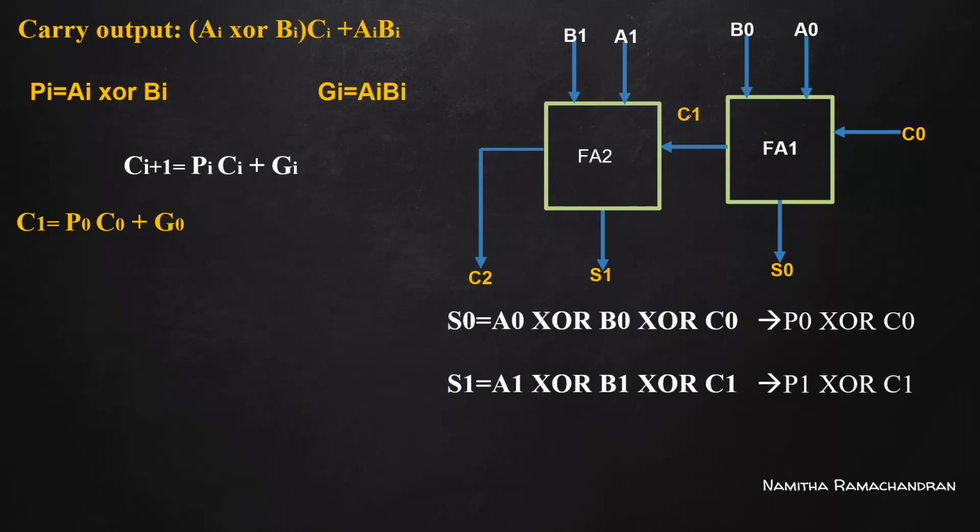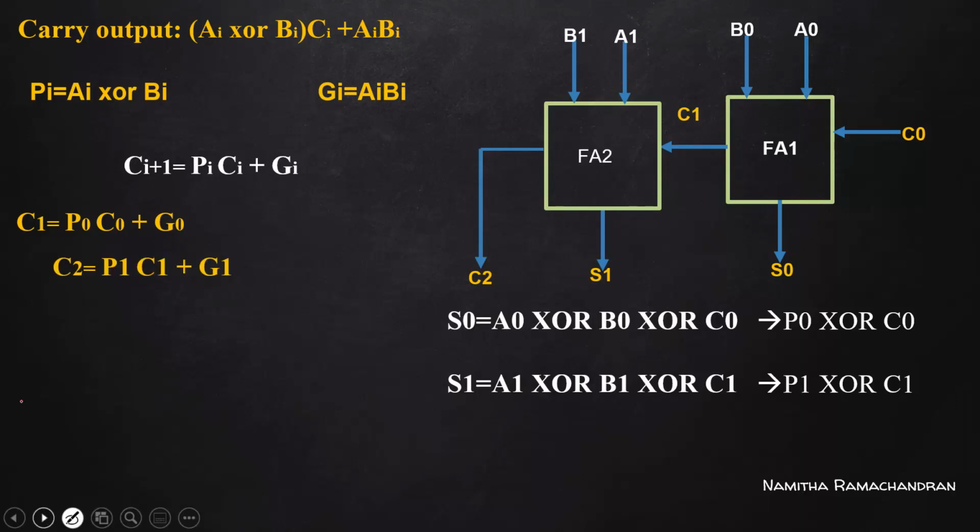C1 is based on A0, B0 and the carry input C0. The general expression is Pi Ci plus Gi, so C1 is equal to P0 AND C0, OR G0.